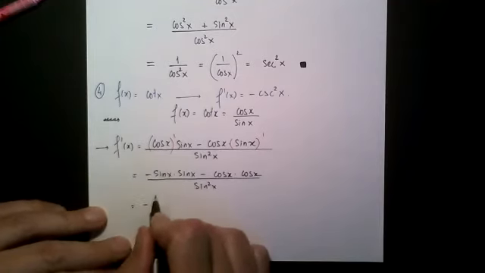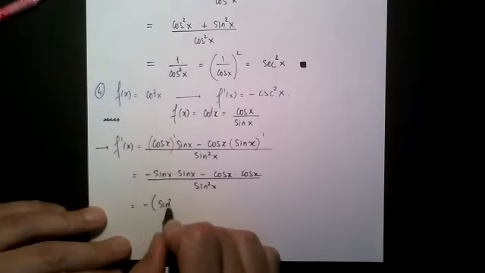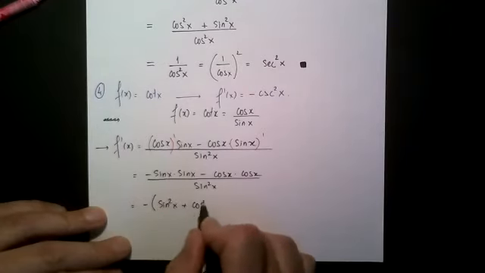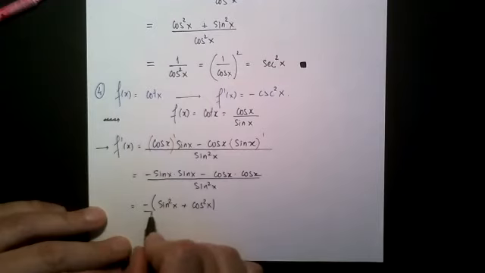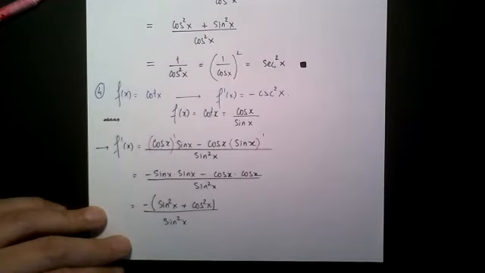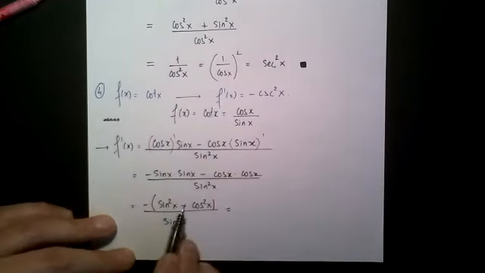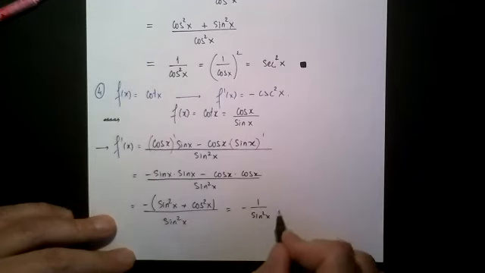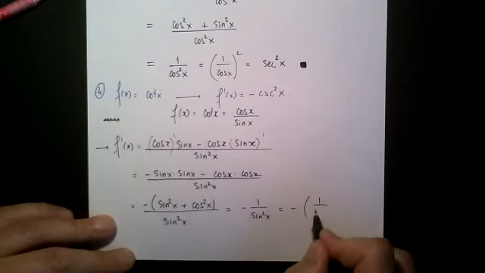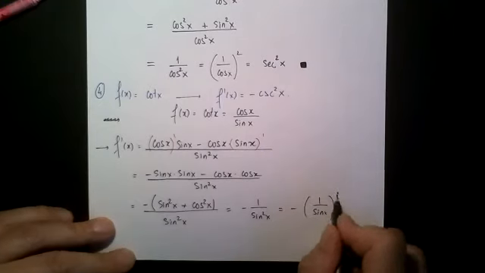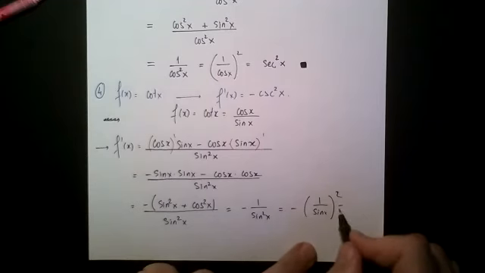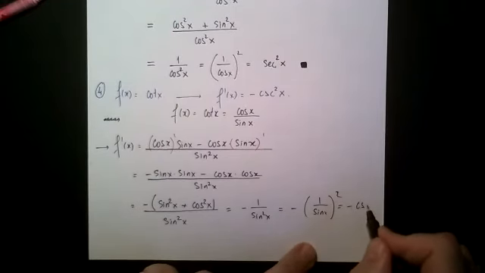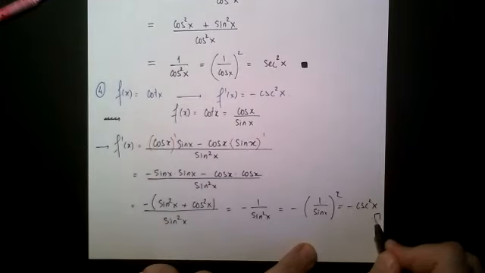So I will have negative brackets sine squared x plus cos squared x over sine squared x. Okay, so this is 1, so it's negative 1 over sine squared x, which is negative 1 over sine x squared, and that is equal to negative cosecant squared x. Done.